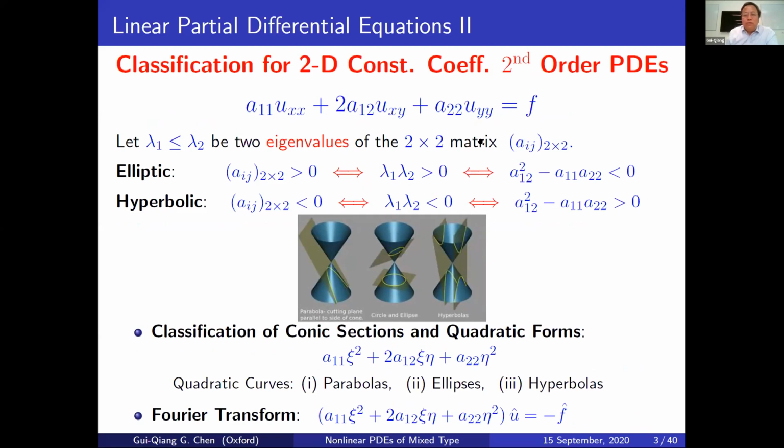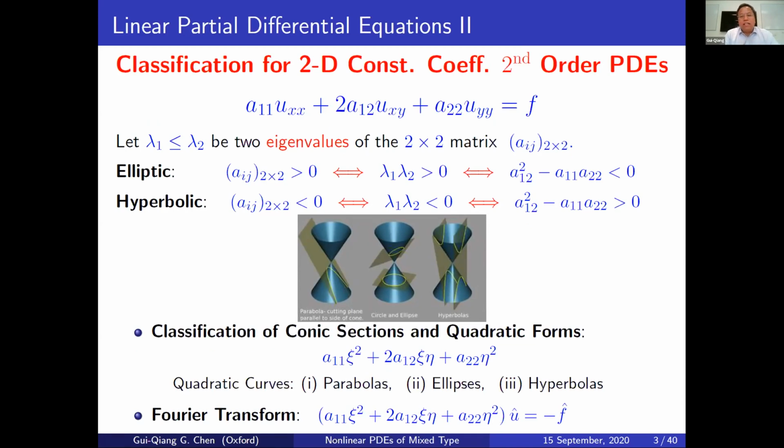This symmetric matrix has two real eigenvalues. If both eigenvalues have the same sign, it is elliptic, otherwise hyperbolic. If the same sign, through a coordinate transformation, you can transform the general second order PDE to the Laplace equation, otherwise to the wave equation.